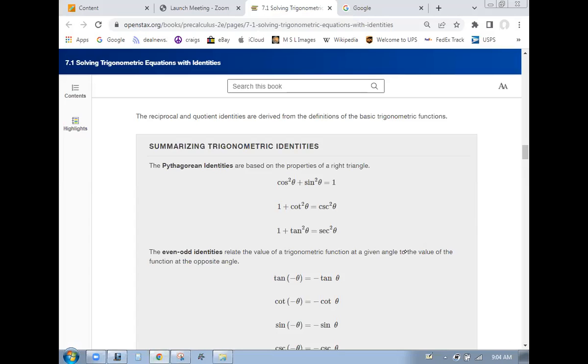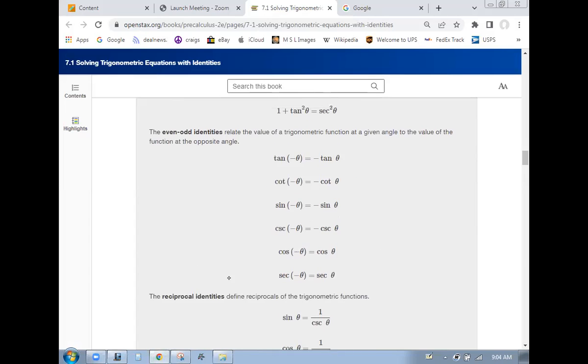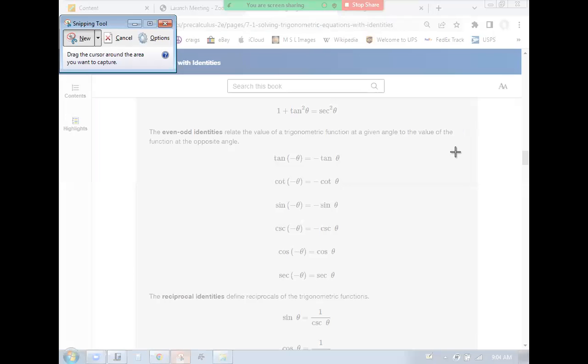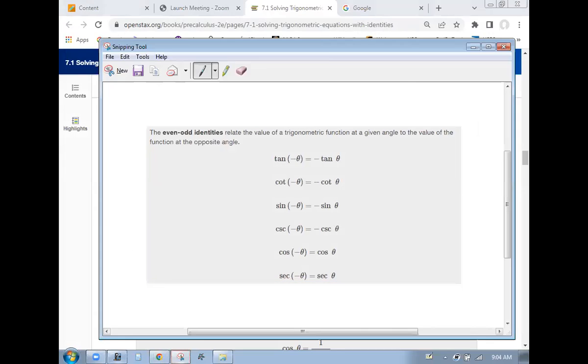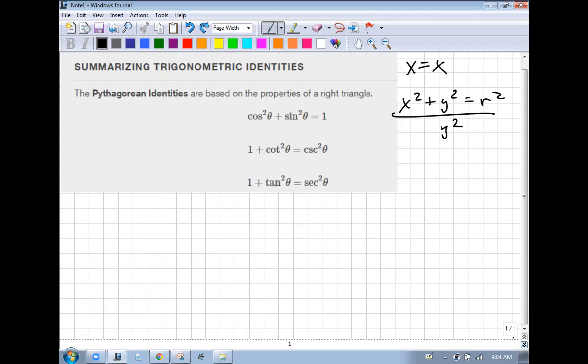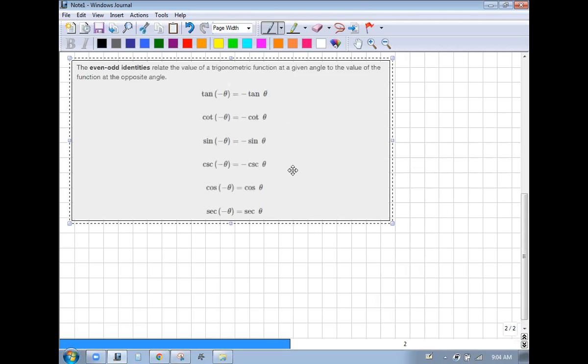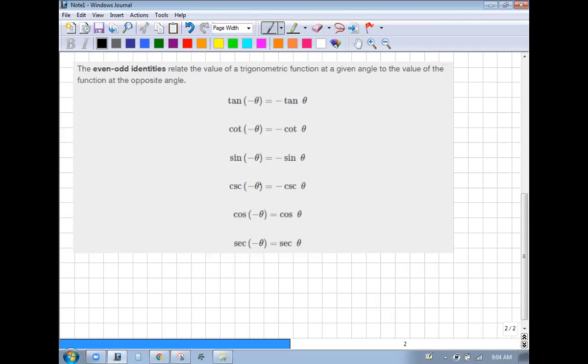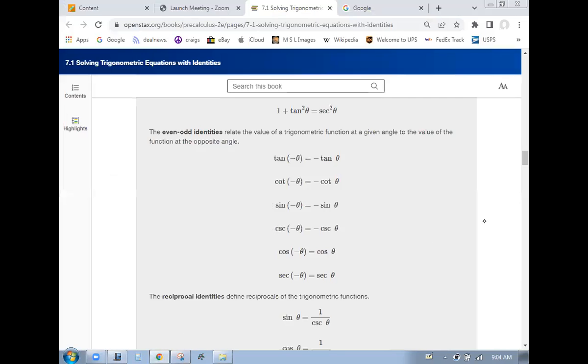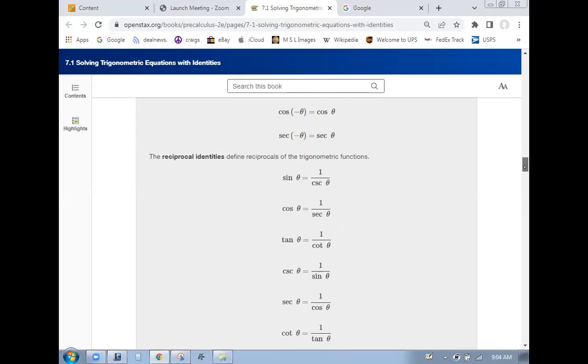Then you have your even and odd identities. Right, these are useful. So your even functions, you can throw this minus sign away, right? Odd functions, you can pull it out front. You all know those. Your reciprocal identities.